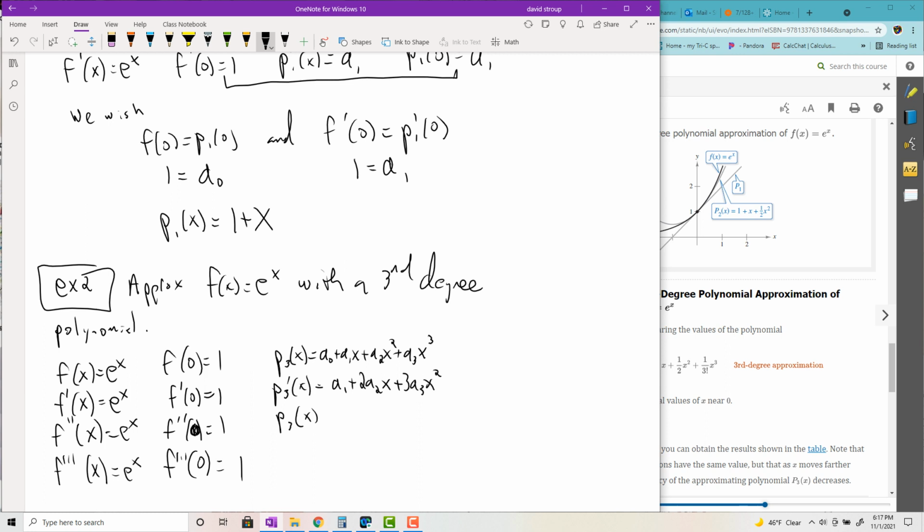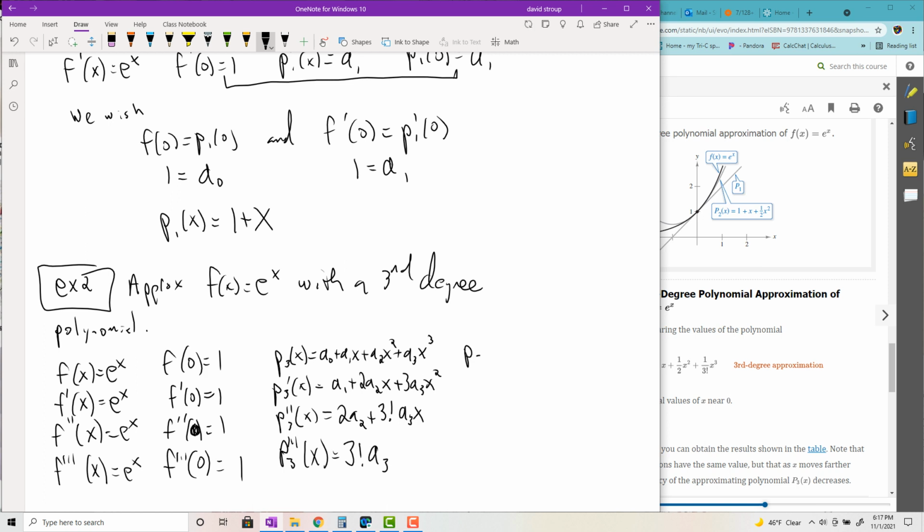That should be the derivative. This is the second derivative now. So you get 2 a sub 2 plus 3 times 2. We're going to write that as 3 factorial because ultimately there's a pattern that we'll use in order to figure out the approximating polynomials. Okay? So p3, the third derivative, is just going to be 3 factorial a sub 3.